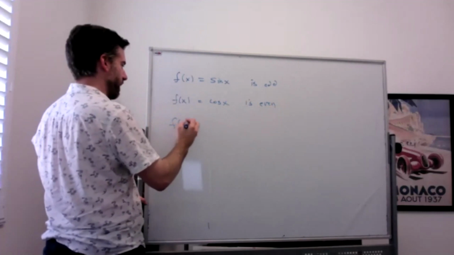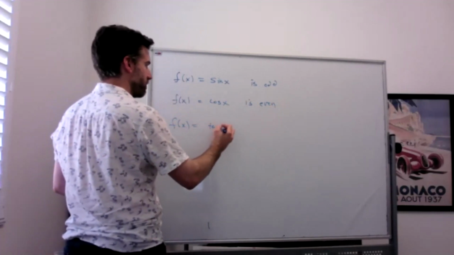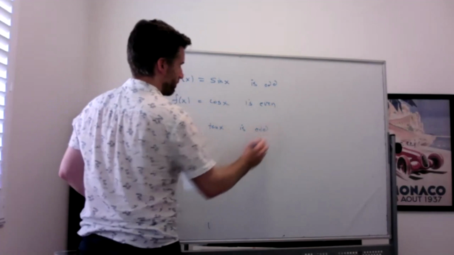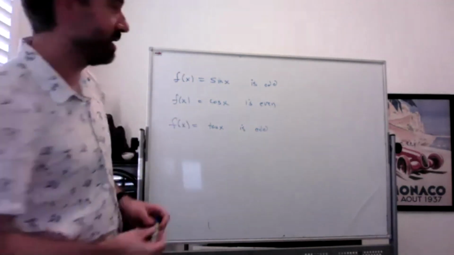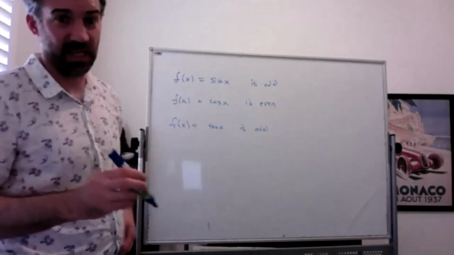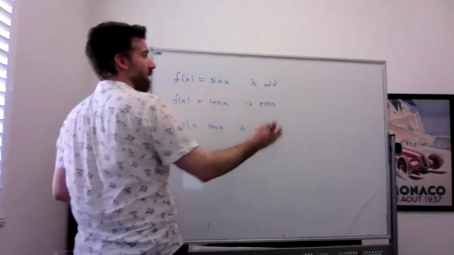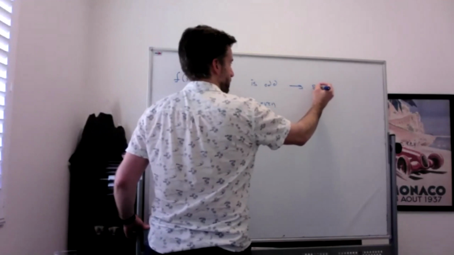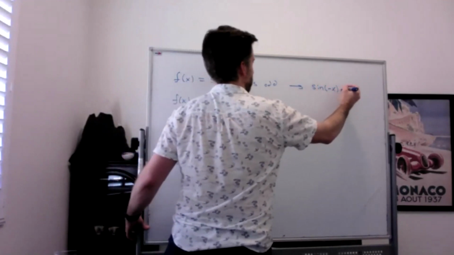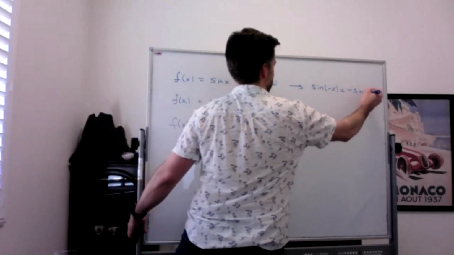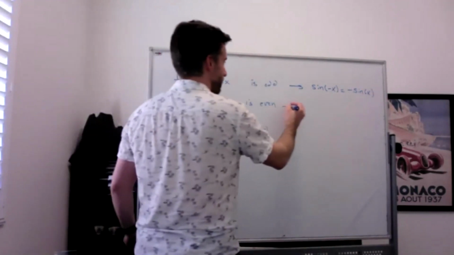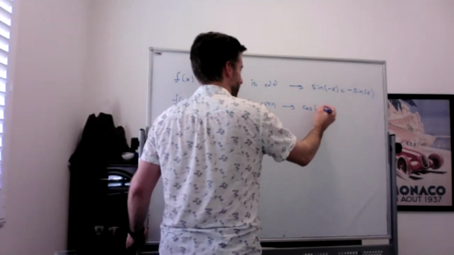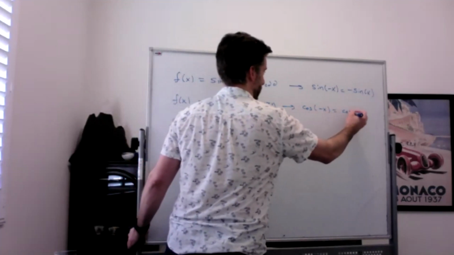And tangent of x is odd. And what this means for us is essentially some identities. If sine of x is odd, that means sine of negative x is equal to negative sine of x. Cosine x being even means cosine of negative x is equal to cosine of x.